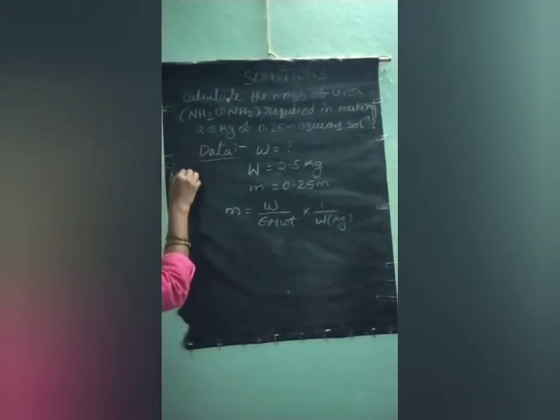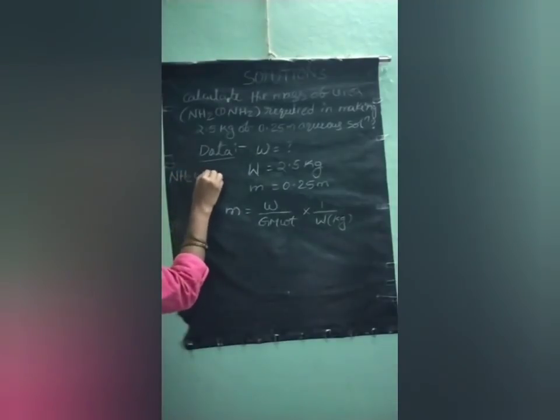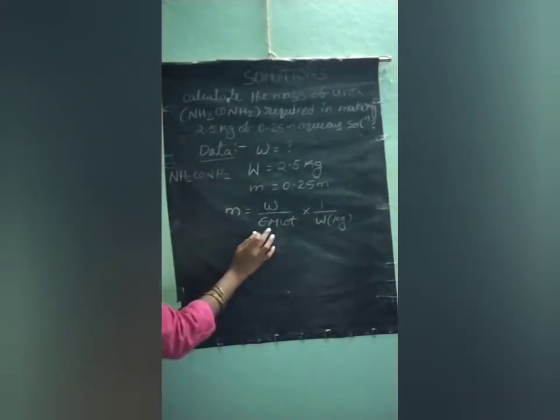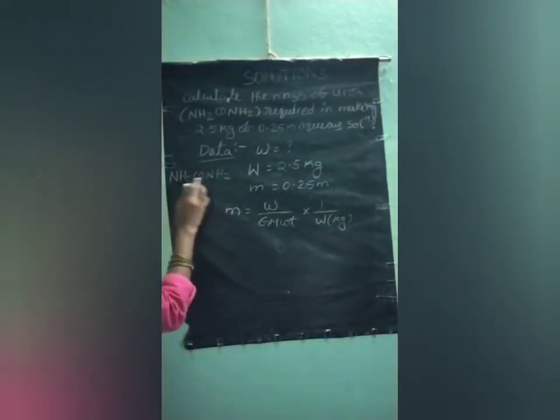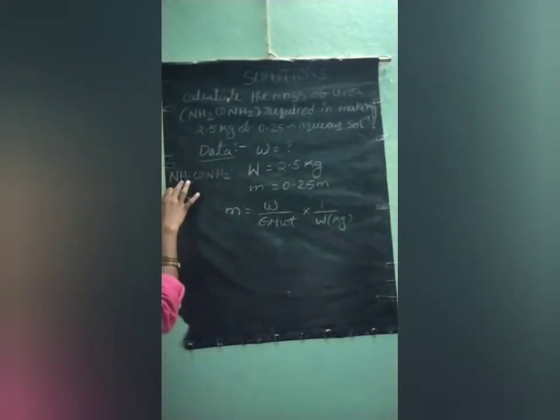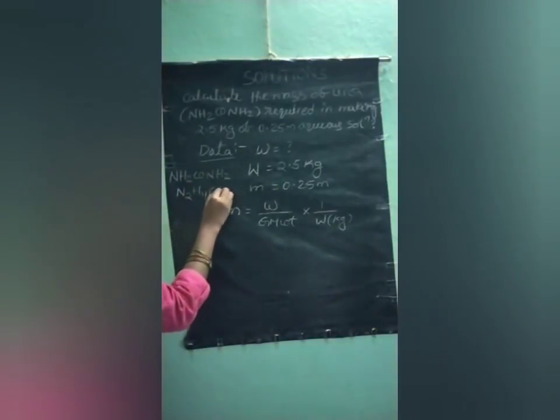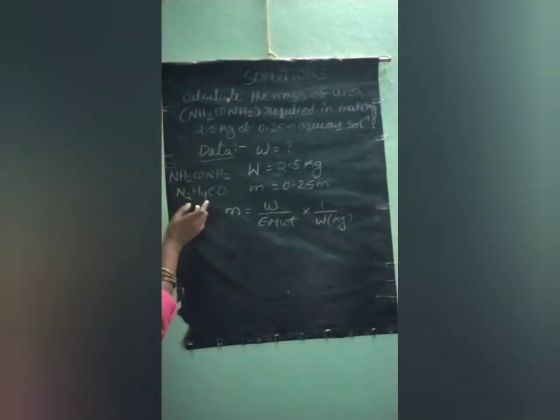Using the molecular formula CH4N2O, urea, to find the molecular weight: 2 nitrogens, 4 hydrogens, 1 carbon and 1 oxygen. To write urea simply like this, first simplify the molecular formula.